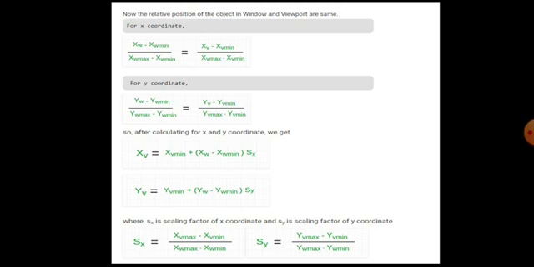Here Sx is given by XV max minus XV minimum divided by XW max minus XW minimum, and Sy is given by YV max minus YV minimum divided by YW max minus YW minimum.